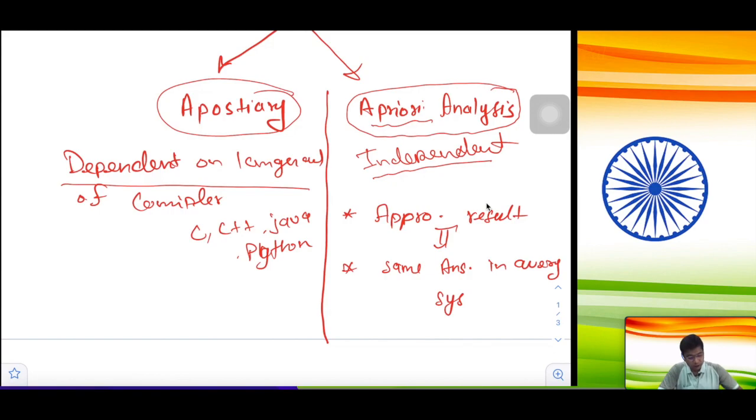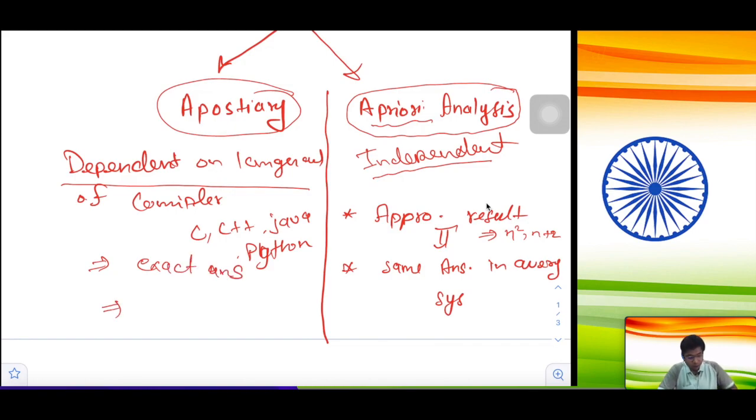The approximate result means you are not given the exact result of your program. You just state how much time it takes, like n square or n plus 2. These are the times taken by your algorithm. If I am talking about posteriori, when you run a program on your system, it gives you the exact answer.